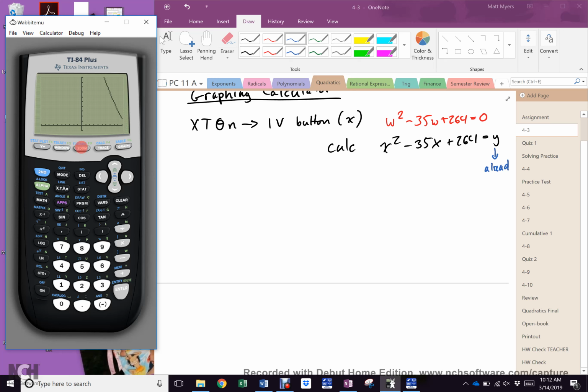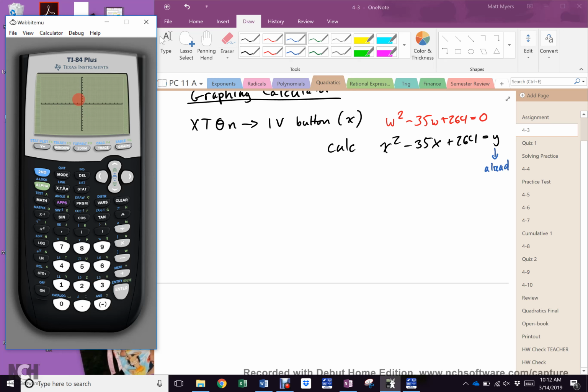So everybody push zoom. And you will see this mess. Everybody should be seeing this. You can either use the arrow keys to highlight it, or you can push 6. Now, everybody should be looking at this window, and you should see no line at all.